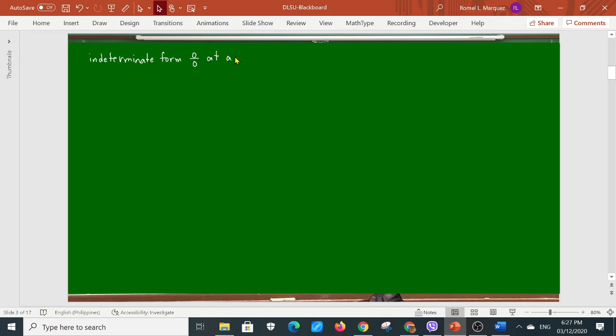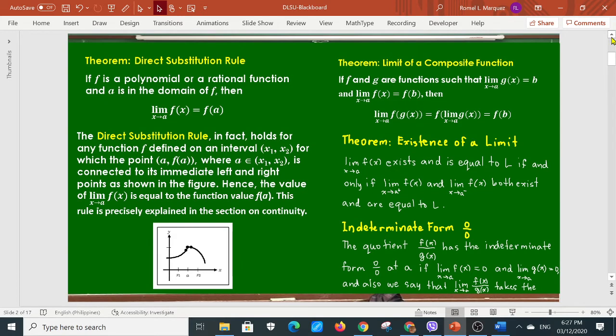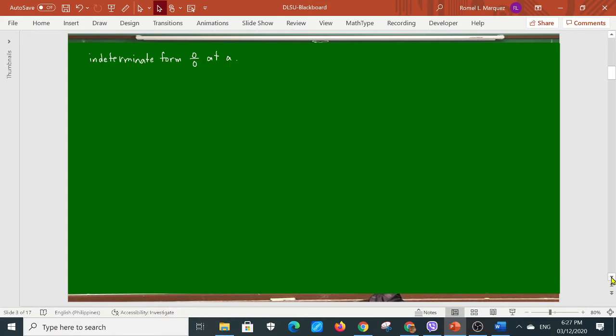Okay? So again, the quotient f of x over g of x has an indeterminate form 0 over 0 at a if the limit of the numerator and the limit of the denominator are both equal to 0. And we also say that the limit f of x over g of x as x approaches a takes the indeterminate form 0 over 0 at a.